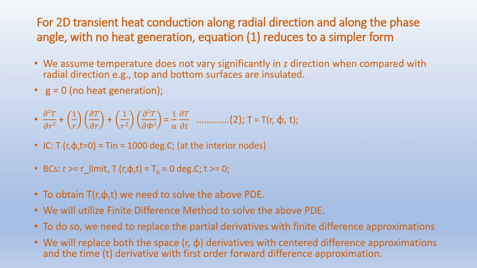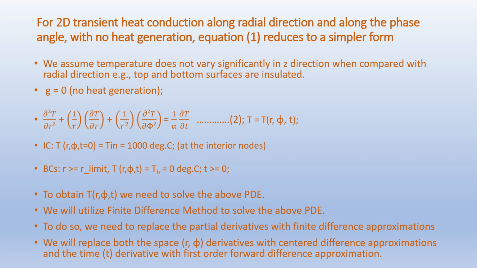The initial condition is given as T at r, phi, t equals 0 equals T initial, which is equal to, say, 1000 degrees Celsius at the interior nodes. At the boundary nodes where r is greater than or equal to r limit, we're going to establish r limit a little later.